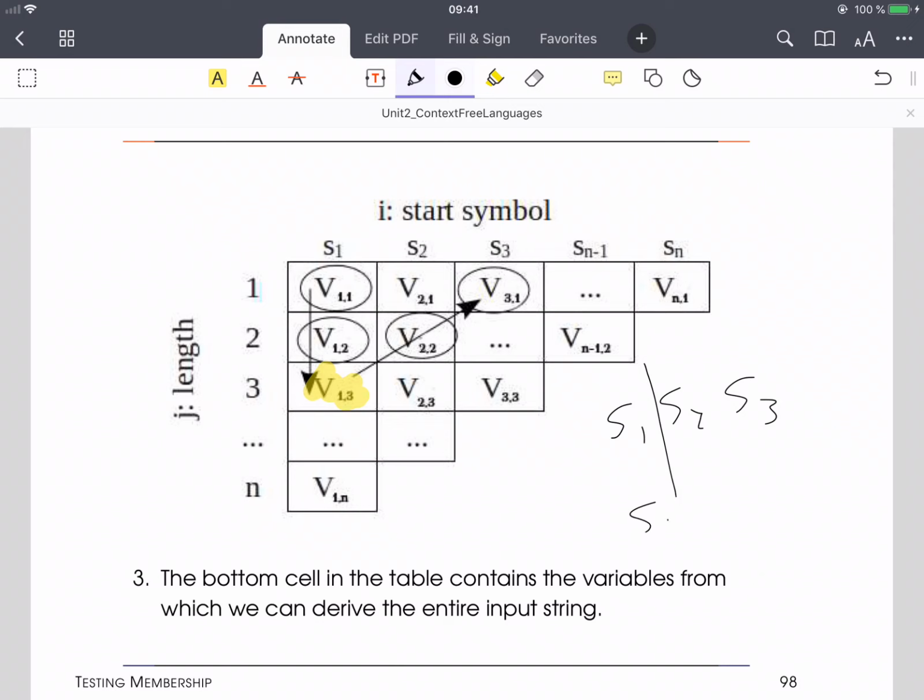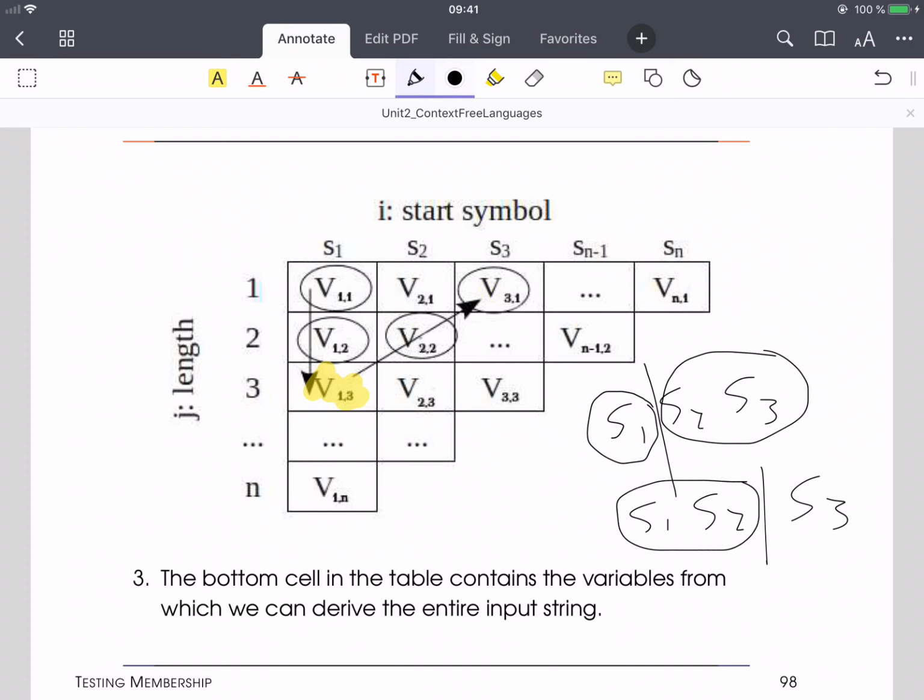And the second one is S1, S2 and then S3. Okay? And we want variables that produce a pair of variables, the first of which generates, for instance, this part, and the second one generates this part, or the first one generates this part and the second one generates this part.